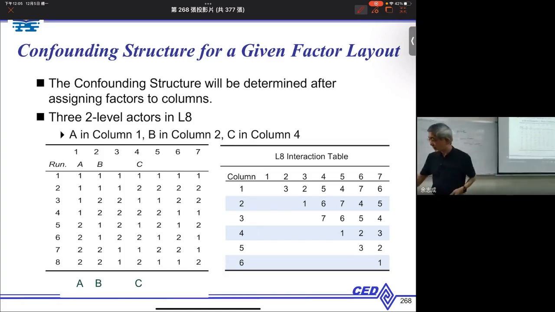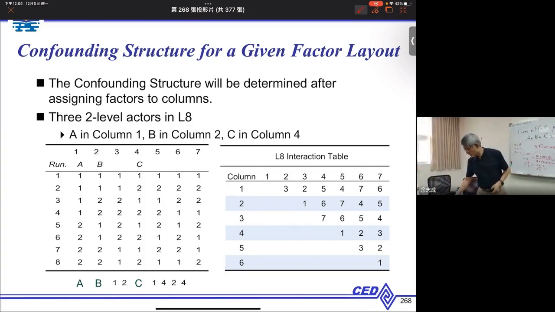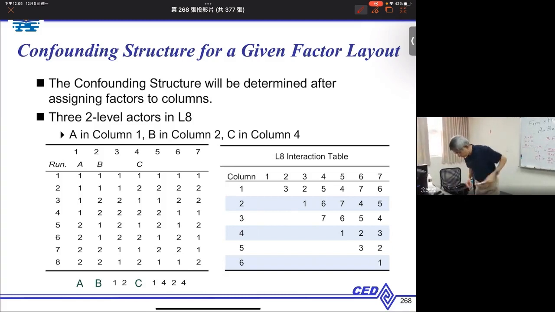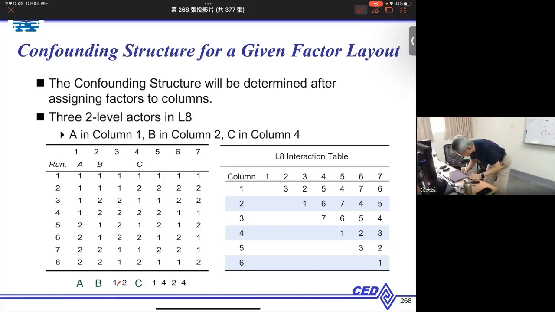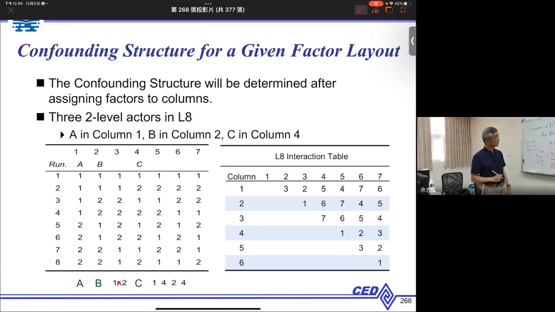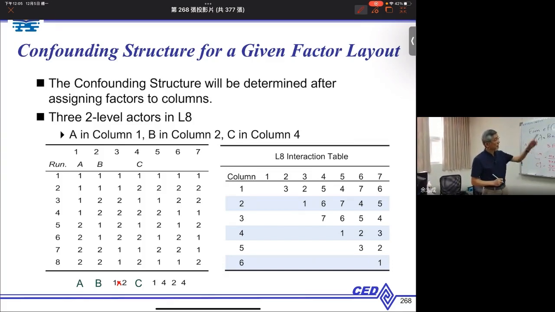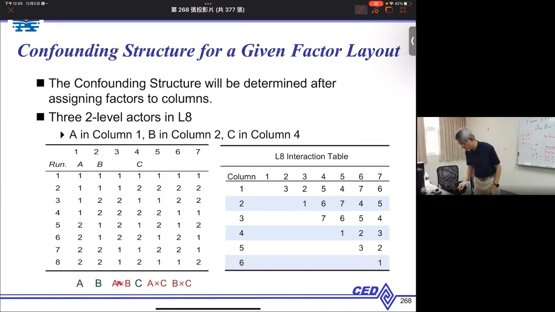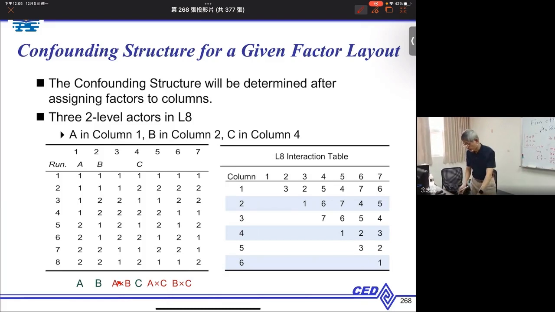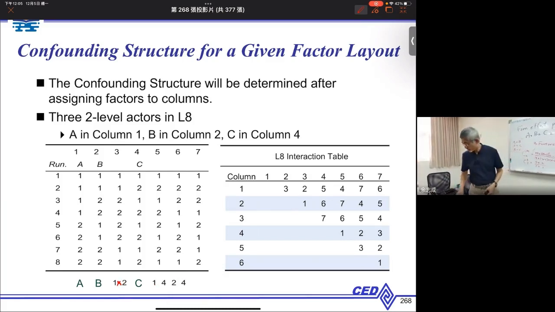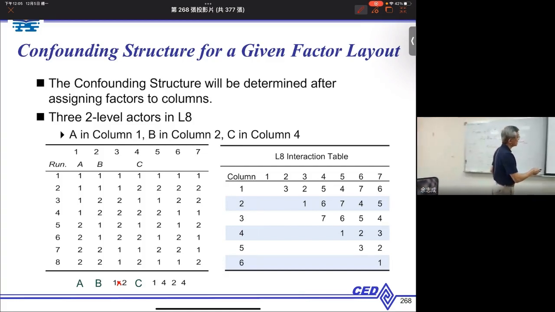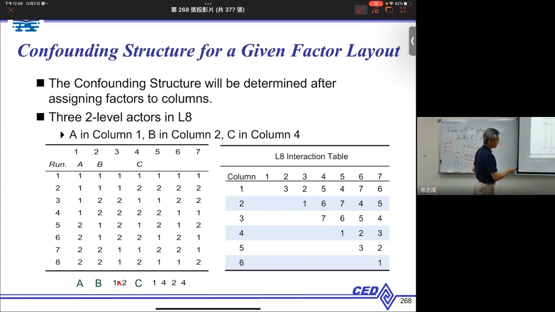So you can find out the interaction between 1 and 2, right? 1 and 2 in column 3. So you will know this is interaction AB. Same thing. You can find out the interaction, say AC, A in column 1, C in column 4.